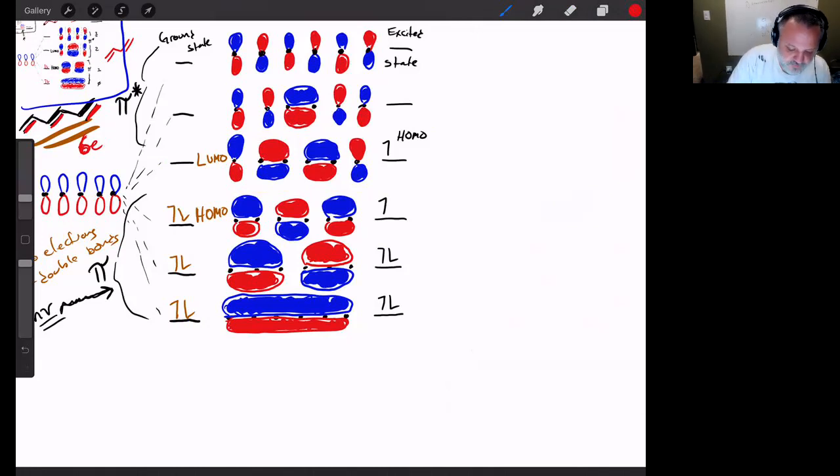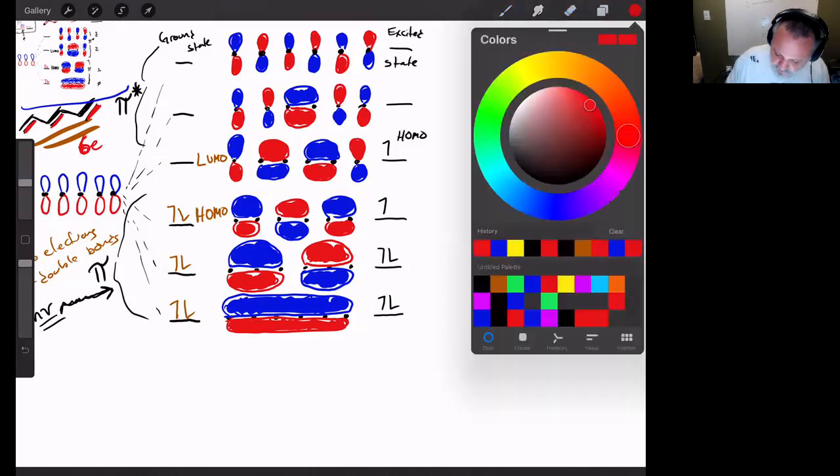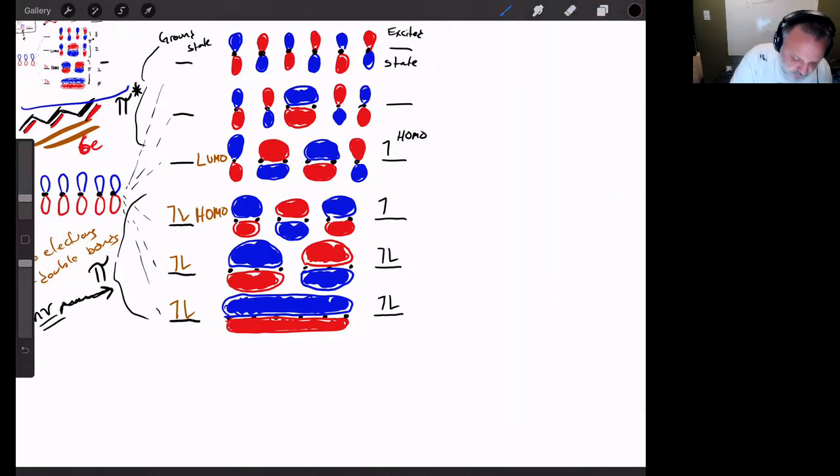If I were to think about the 4-electron system, just to point it out, in the ground state, this is the HOMO, and in the excited state, that's going to be the highest occupied molecular orbital. And so there's an important thing to look at. In the ground state, in the 4-electron system, the phasing at the atoms on the end are out of phase. In the excited state, the phasing is in phase on the outermost atoms.